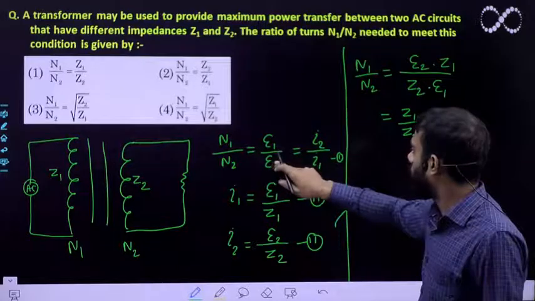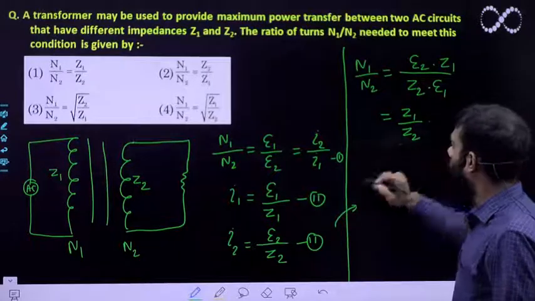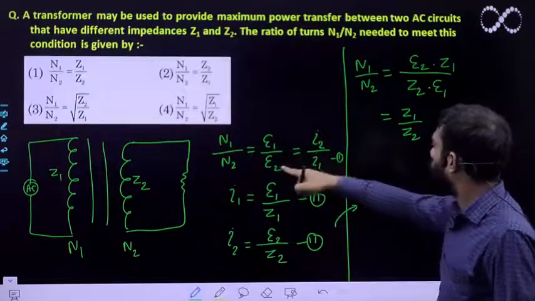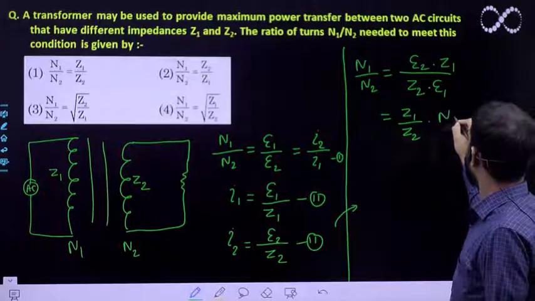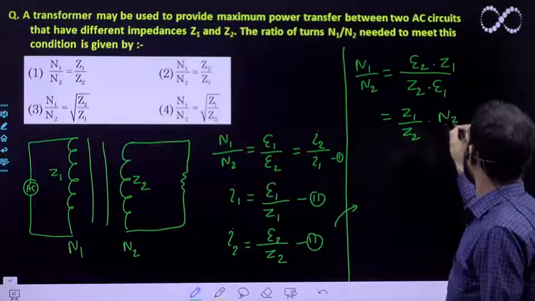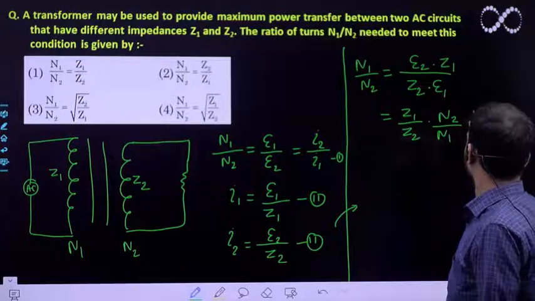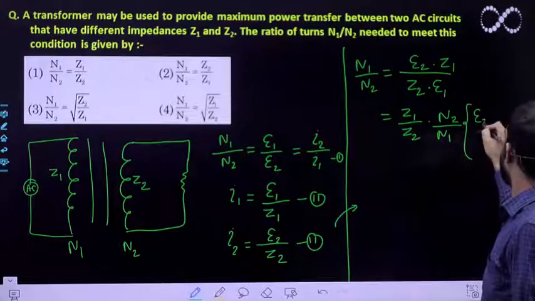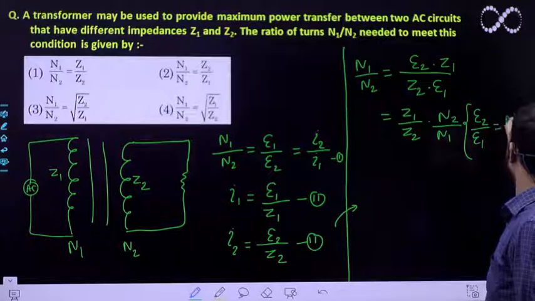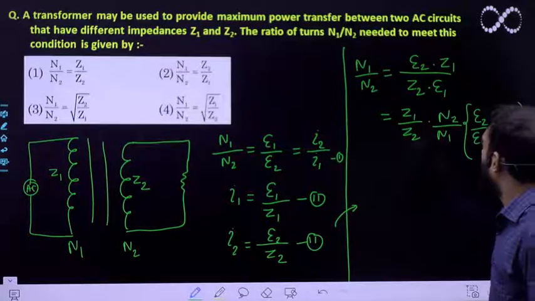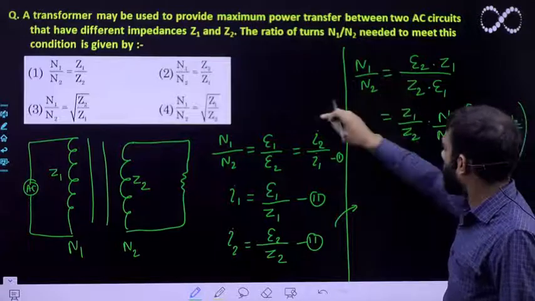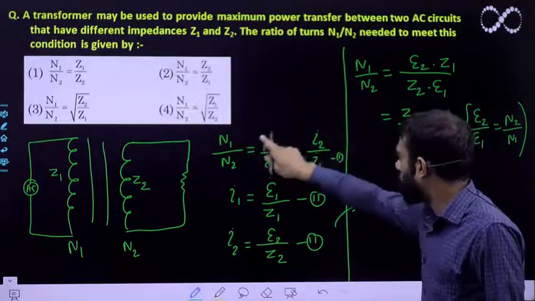E2 upon E1 is nothing but N2 upon N1, because E1 upon E2 is equal to N1 upon N2. That is from equation 1.